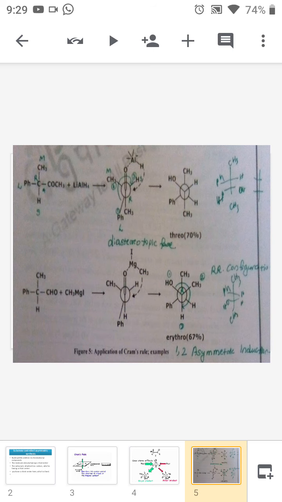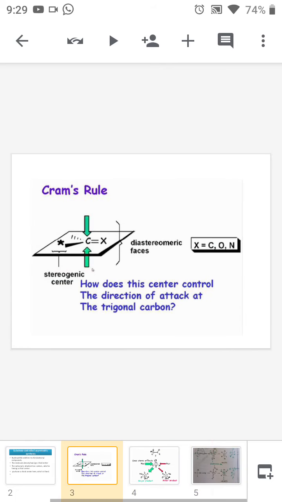Now we have to apply Cram's rule. For applying Cram's rule, first of all we study the structure of the carbonyl group. As we know, it is an sp2 hybridized carbon atom, so it is a planar structure like that.